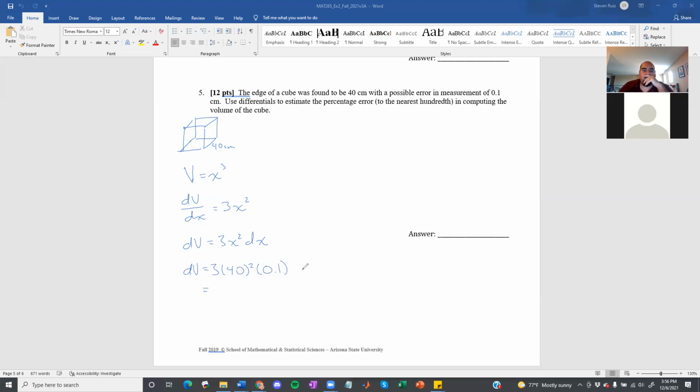So this right here is going to be 1600, 4800, 480. Yeah. So dv is equal to 480. Right. And then if we find the nominal volume, 40 cubed would be 64,000.